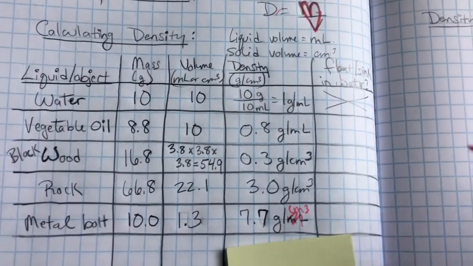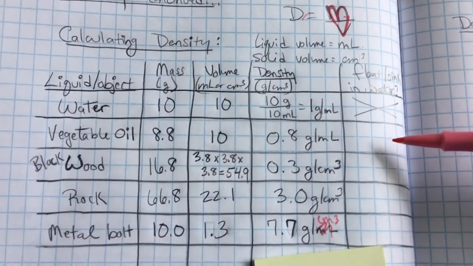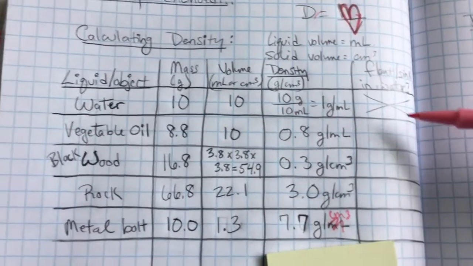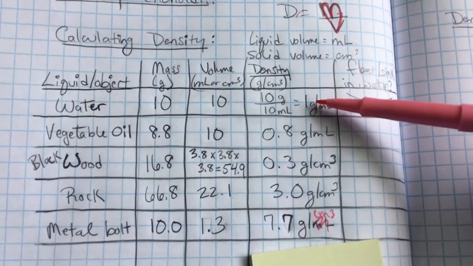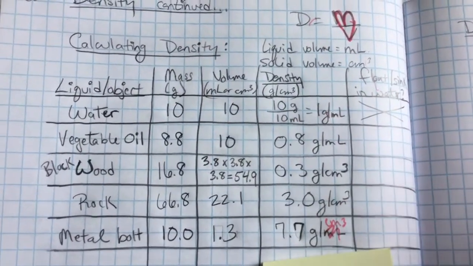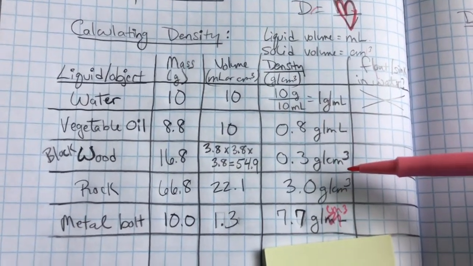And now we're going to predict whether these are going to sink or float in water. Water is going to be our liquid. Anything above 1, above our liquid in density, so higher density, is going to sink, and anything below the density is going to float.